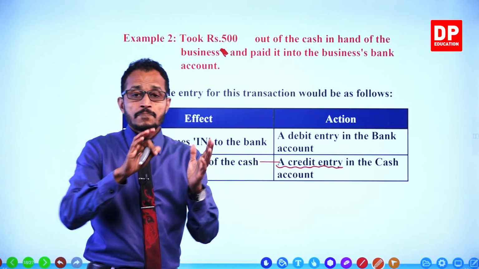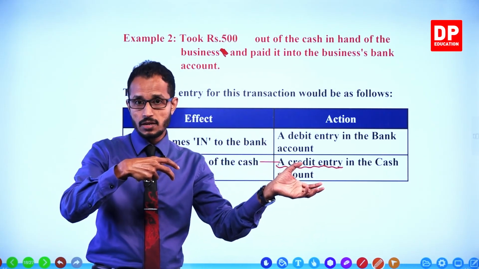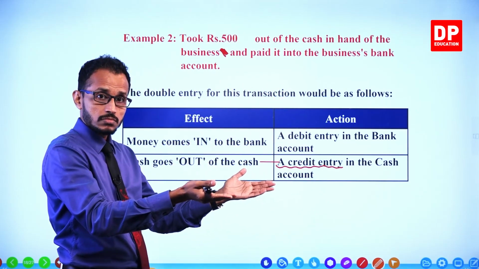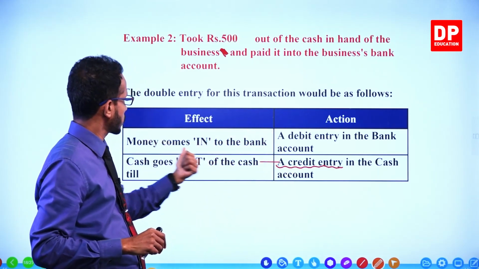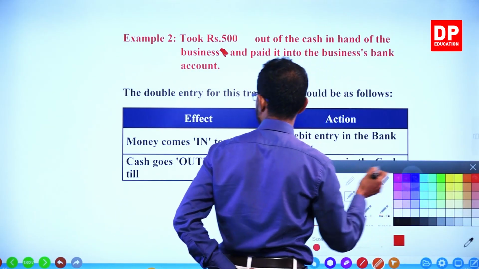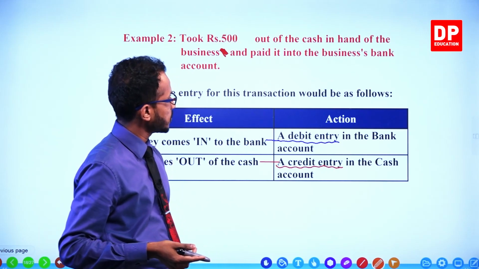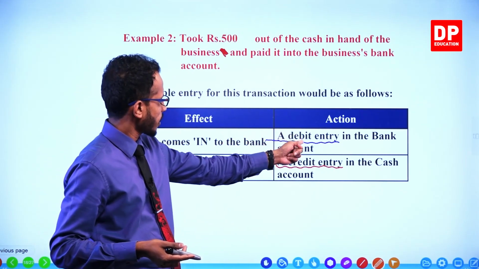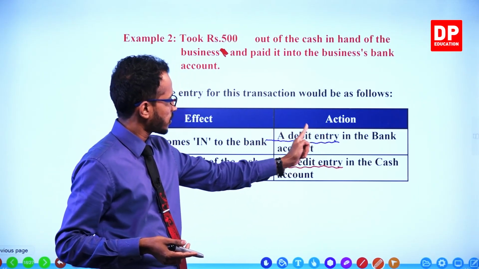And since the business bank account gets the money coming in, the bank account is increasing, and it's a debit. Well, you can use this method, children, if you want. It's an easy method. The double entry for this transaction would be as follows: cash, credit; bank, debit.